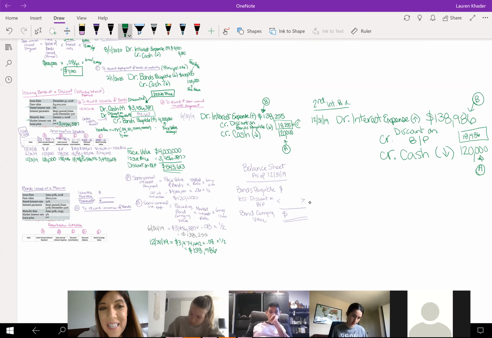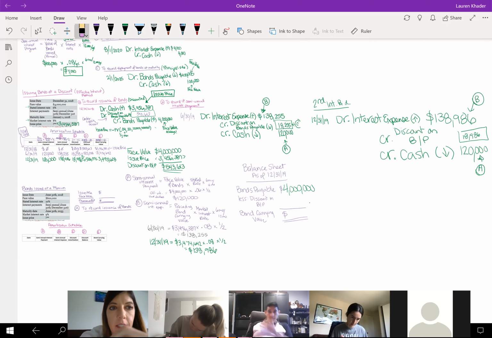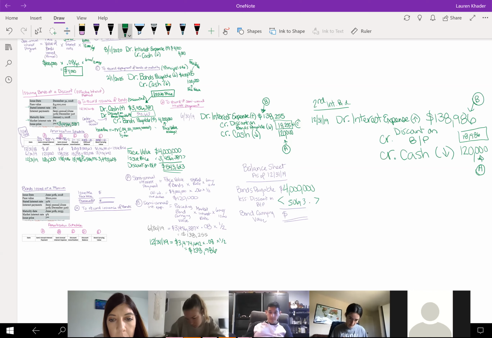What we're presenting in our balance sheet is bonds payable of 4 million, right? Because that's what our balance shows. And we're going to subtract out the balance of our discount as of 12/31, which is now 506,372.